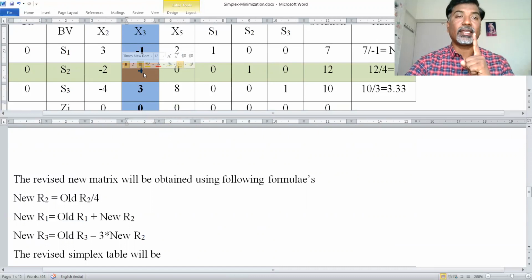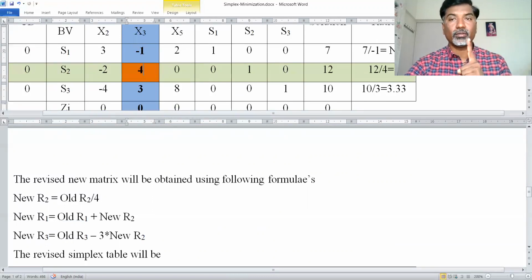We have to make the key cell value equal to 1 and the other values in that particular key column we have to make 0. As we know, if you want to make the value of this key cell 1, we have to divide the whole row by 4. If we divide 4 by 4, we get 1.